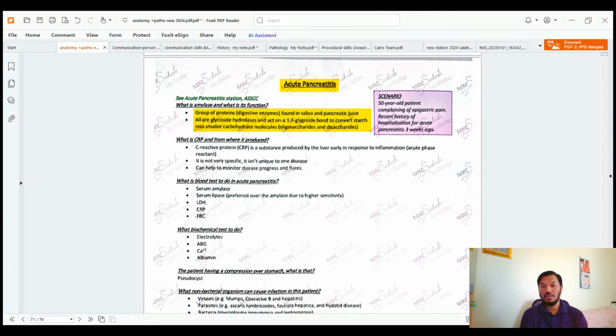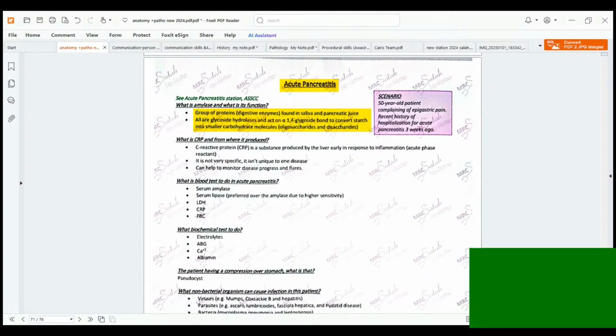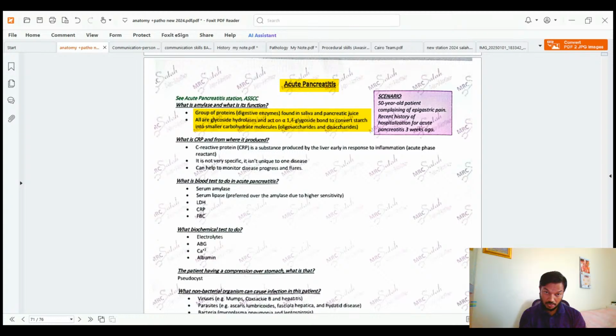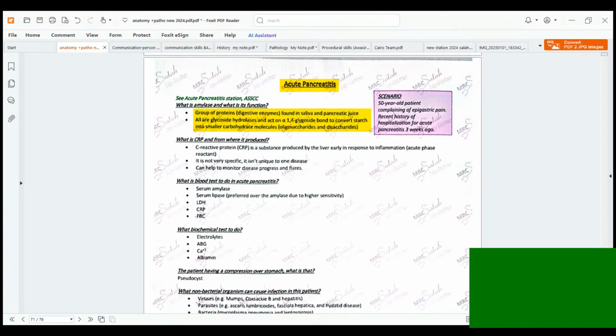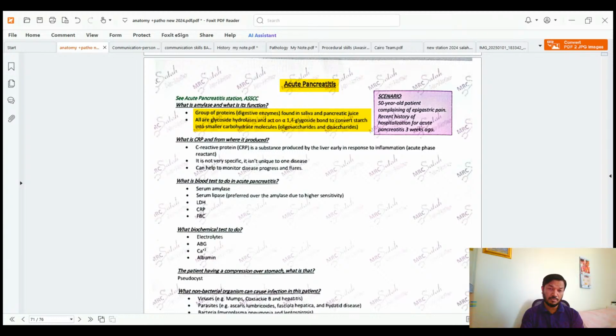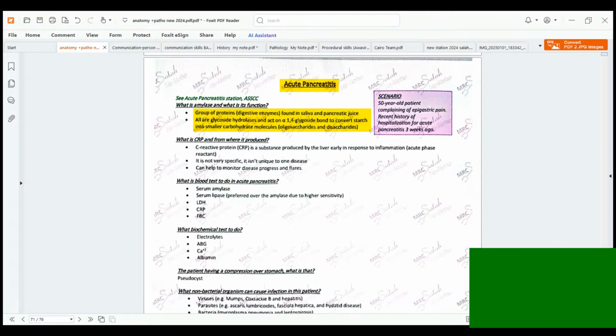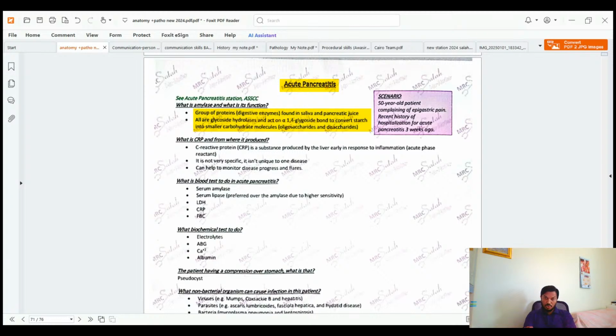What is CRP and where is it produced? C-reactive protein is a substance produced by the liver in response to inflammation.